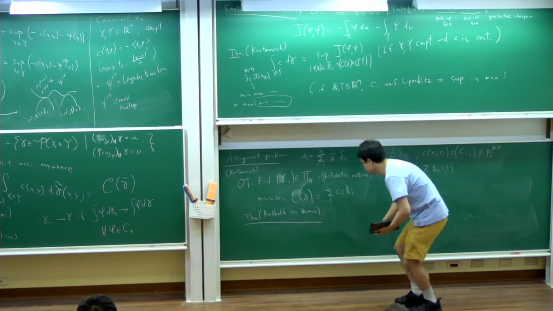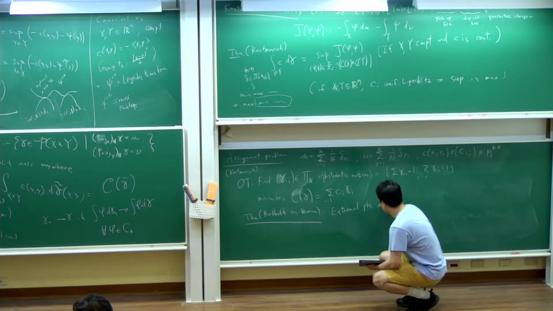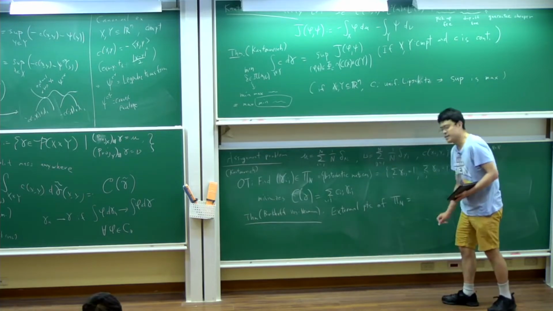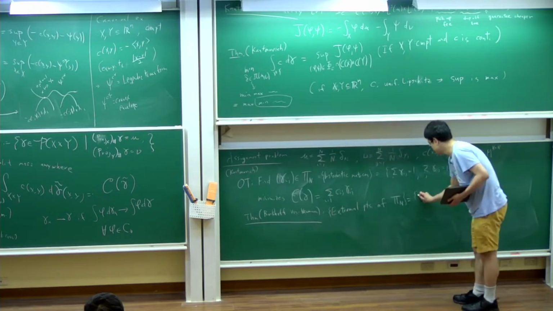What this says is the extremal points of this set of bistochastic matrices is exactly equal to the set of permutation matrices.